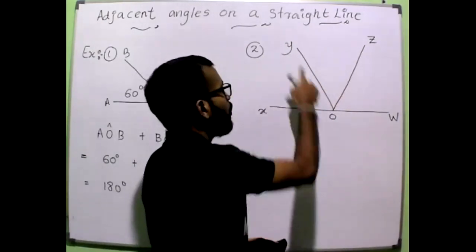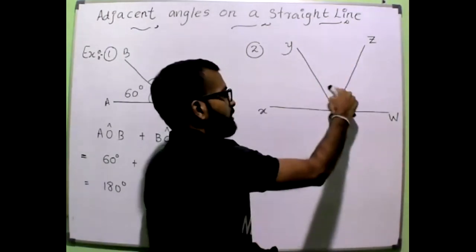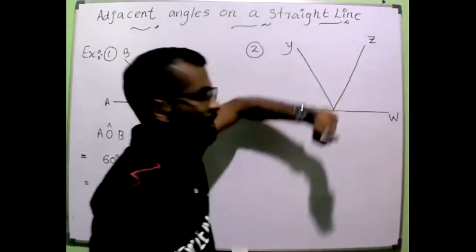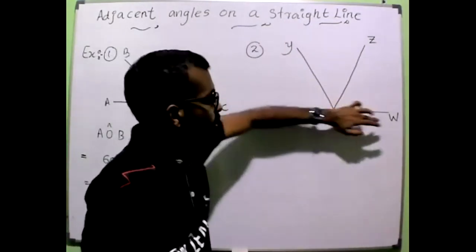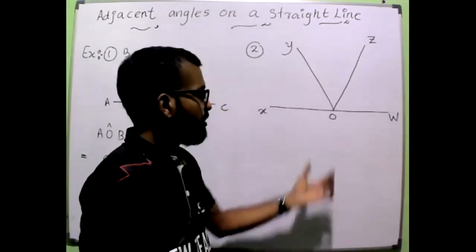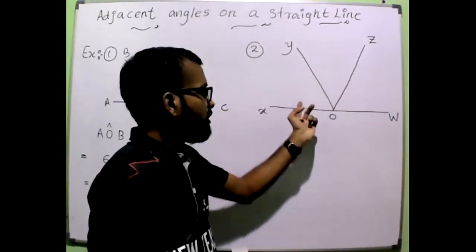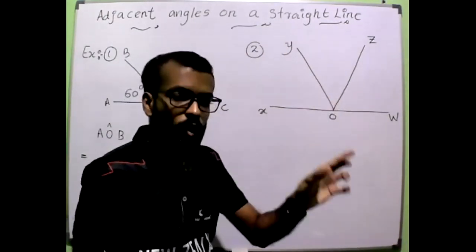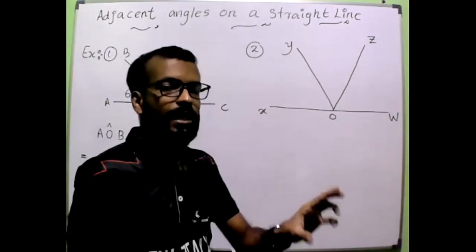XOY and YOZ are adjacent angles, and YOZ and ZOW are also adjacent angles. So the sum of these three angles should equal 180 degrees.